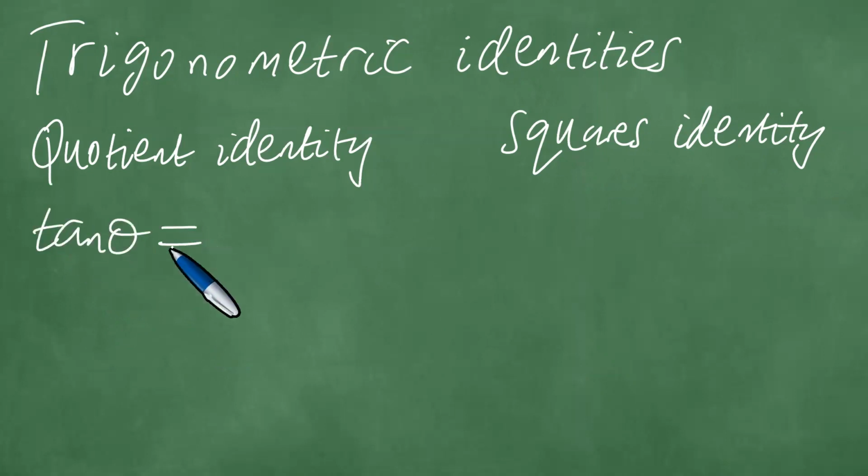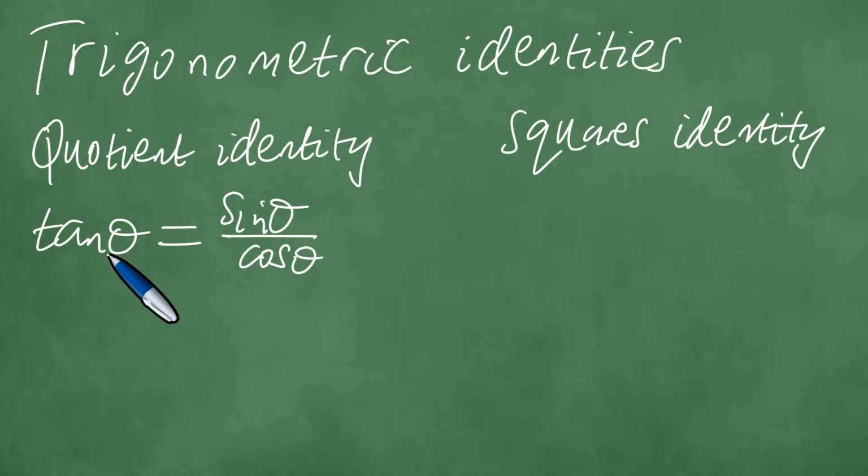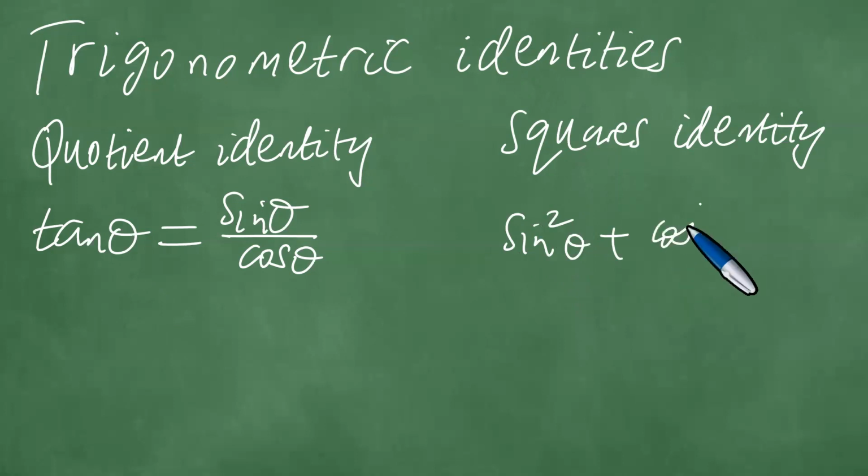The quotient identity, we shall look at the proof of this, but the tangent of theta is the sine of theta divided by cosine theta. The squares identity is the fact that sine squared of theta plus cosine squared theta is always 1.